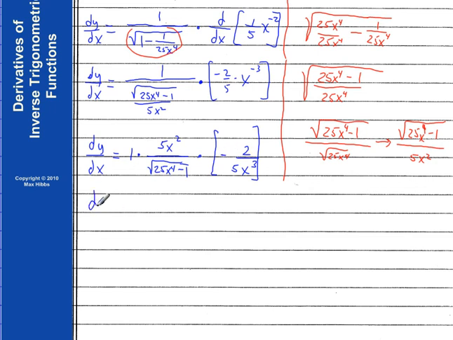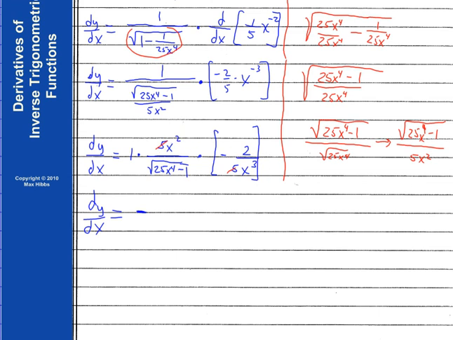So let's write the derivative of y with respect to x is going to be the negative, so you can see that clearly, of a fraction. Now let's look at what's going to happen here. We're going to have these 5's cancel, aren't we? Because we're going to have a 5 in the numerator and a 5 in the denominator. And we're going to have x squared over x cubed, so the x squared is going to cancel.